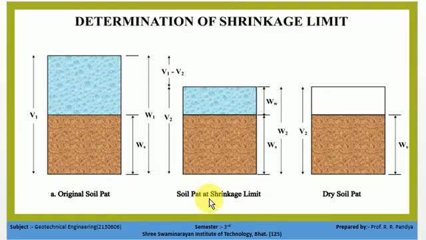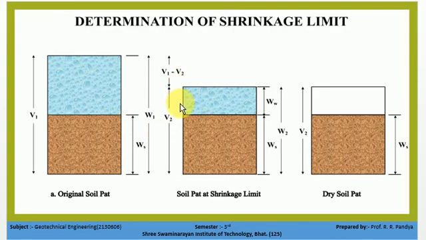Here, for the soil pad at shrinkage limit, there is a negligible amount of water, so the total volume is V2, because of the reduction in moisture content.